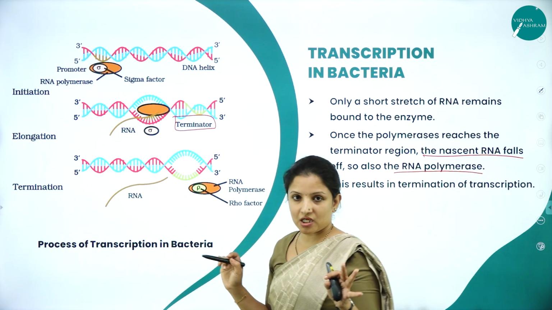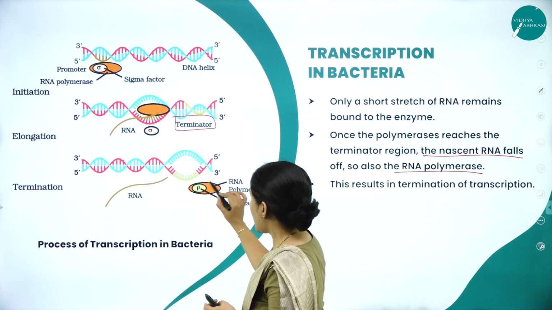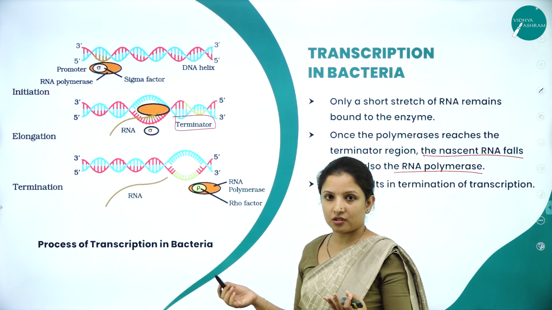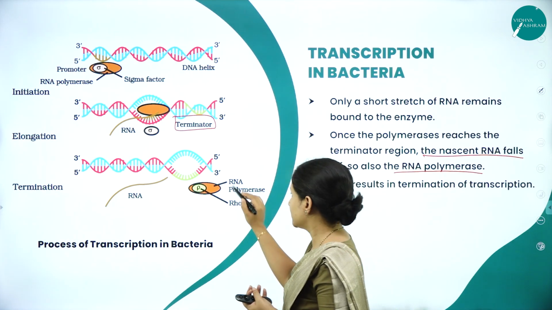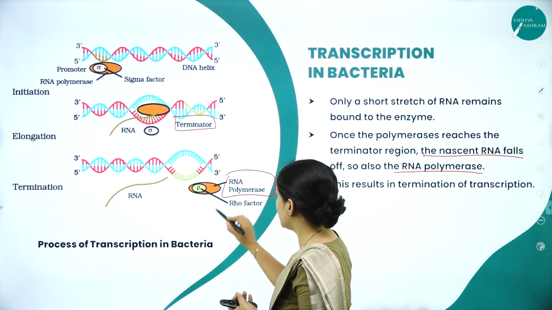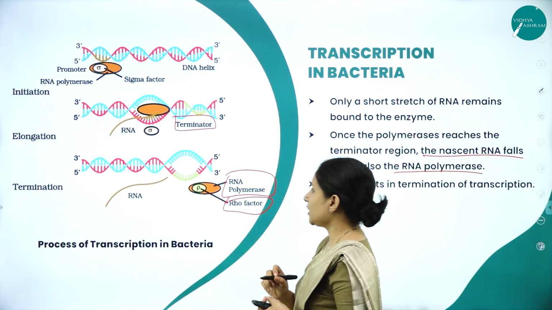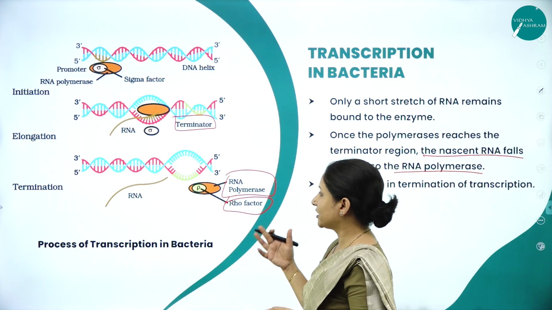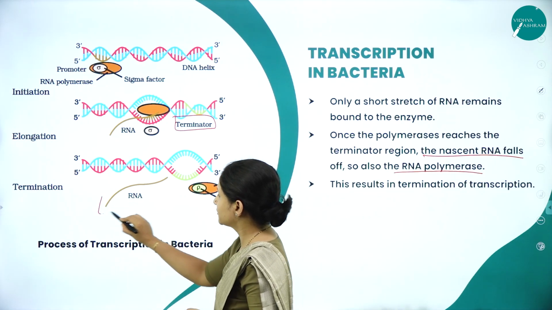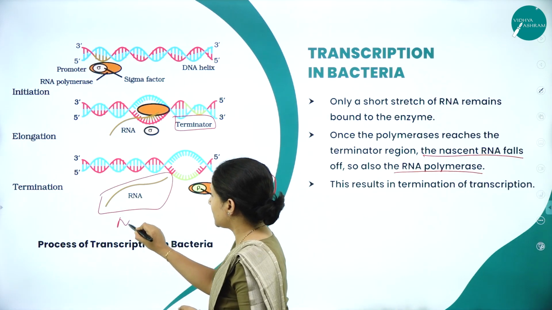Once the termination region is reached, the RNA polymerase has no other function now, because the mRNA strand has been created. So the RNA polymerase will just fall off along with the rho factor. There are some factors which are involved. Now this is called the nascent RNA.